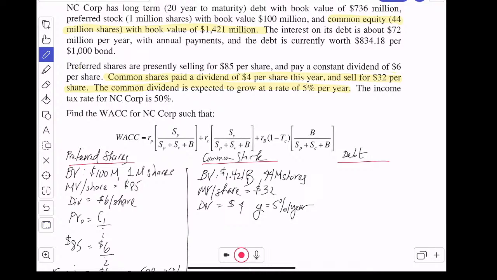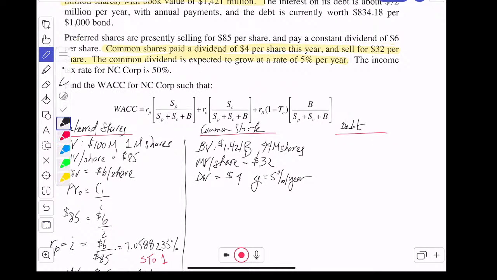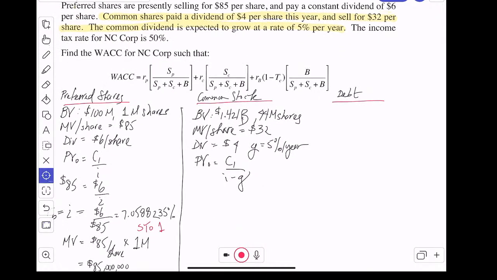So now we want to find the expected return on common stock. Now we can do it the same way, but a different formula. Now it's going to be like this. Where our interest rate will be the required rate of return we're looking for, we want to solve for this, just like we solved for this here. So let's plug in what we have. $32 for I and 0.04.